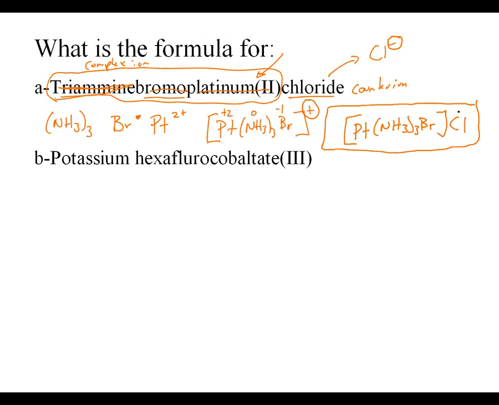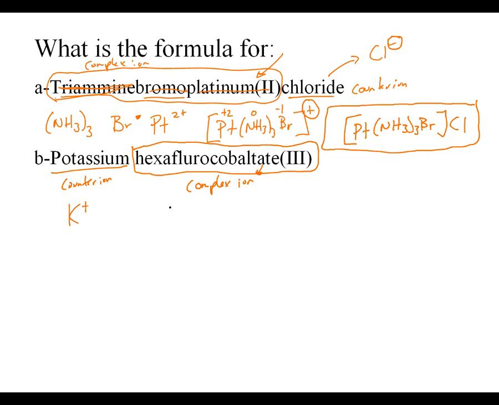Now, if we look at the second one, again we can recognize that this part is our complex ion part, as the metal comes last here. This then would be our counter ion. Dissecting it, potassium is going to be K+ as our counter ion.